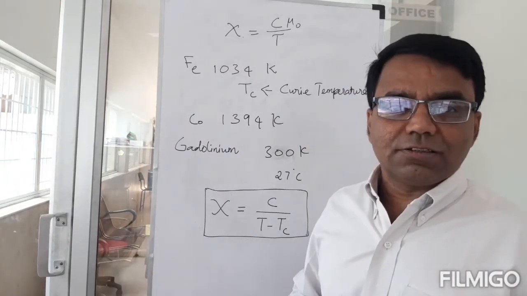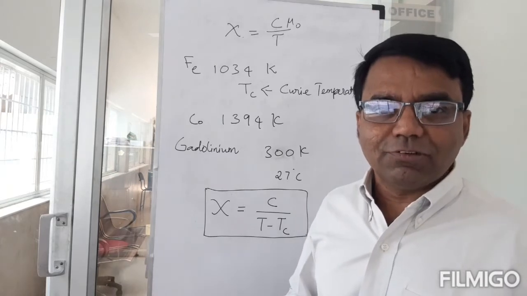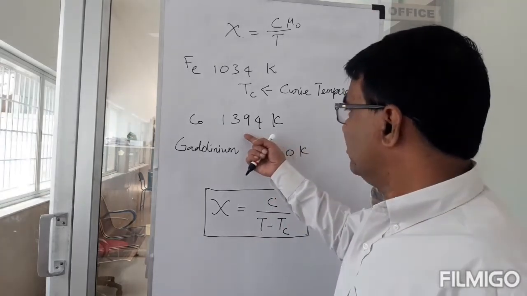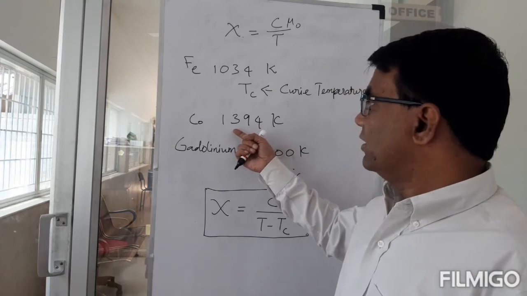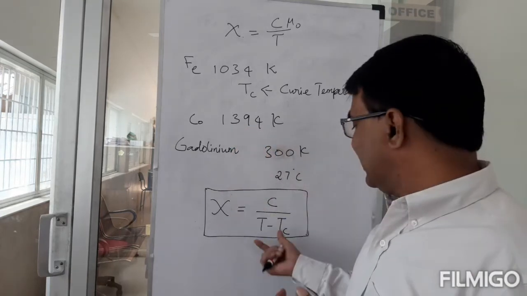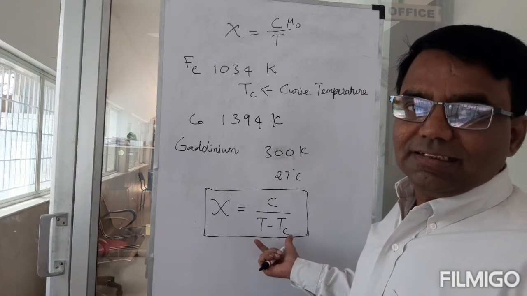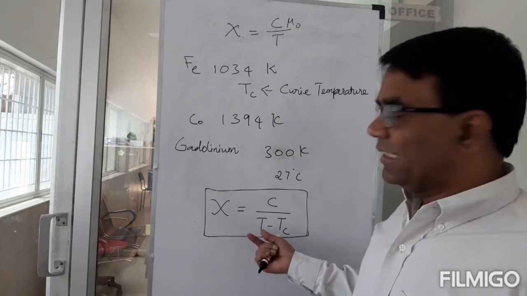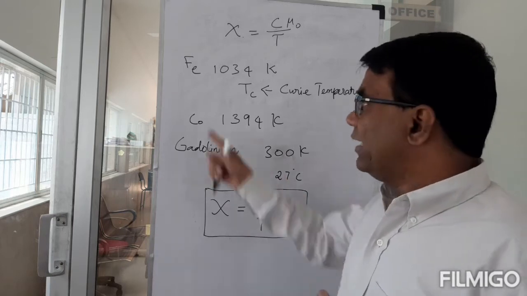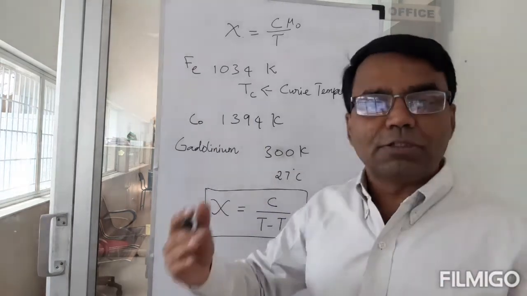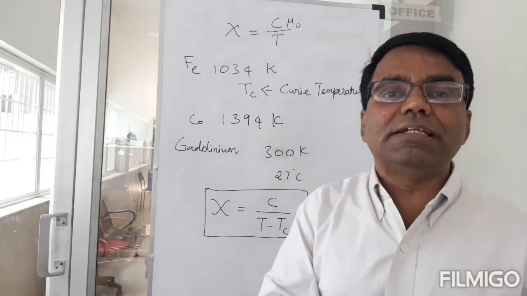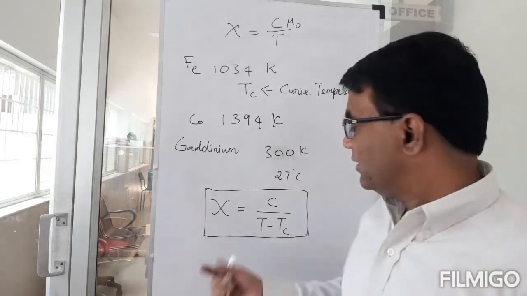But below that temperature, you don't have to worry. Okay? If it is 1000 instead of 1400, so let's say it's 1000 Kelvin, then it doesn't even apply. This is applicable only when it becomes a paramagnetic material. As long as it remains a ferromagnetic material, this doesn't apply.